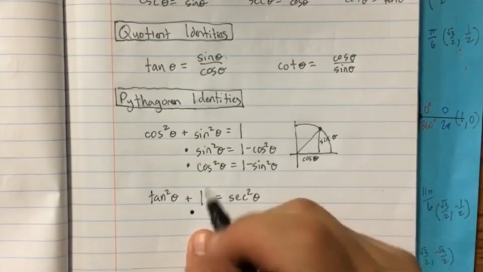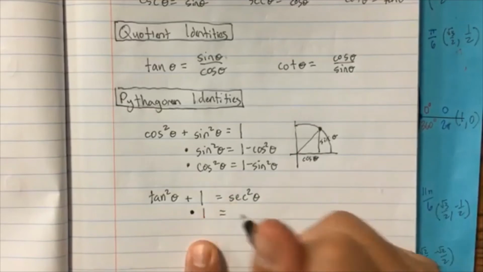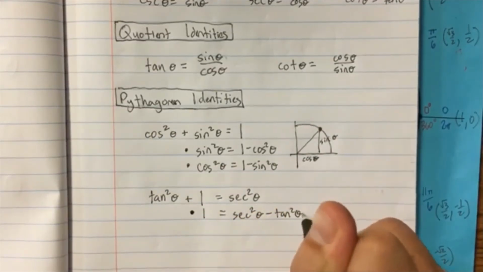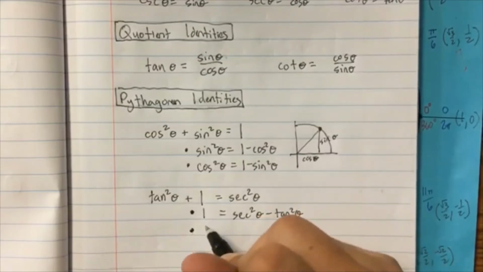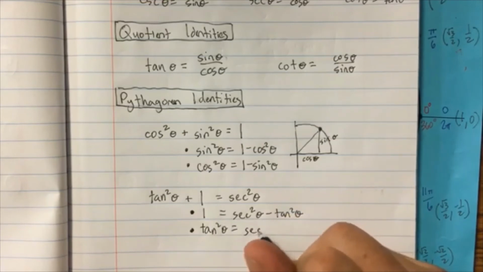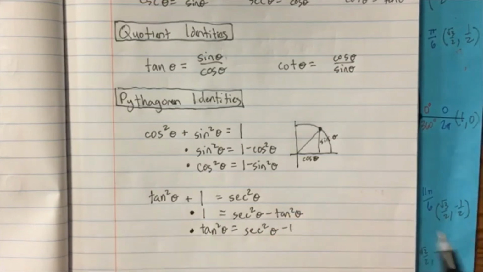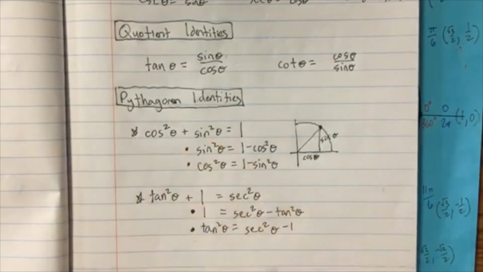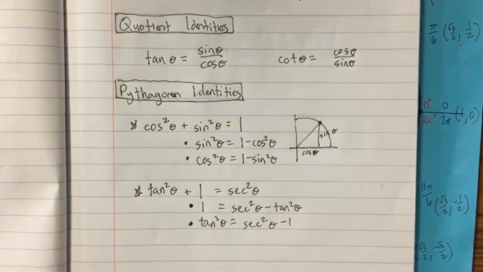The variations on this are, you could say 1 equals secant squared theta minus tangent squared theta. And also you can solve for tangent squared if you needed to, and that'd be secant squared theta minus 1. So just like the first Pythagorean identity, you've got a couple different ways you can rewrite this one. They're equivalent, but just rearranged a little bit.